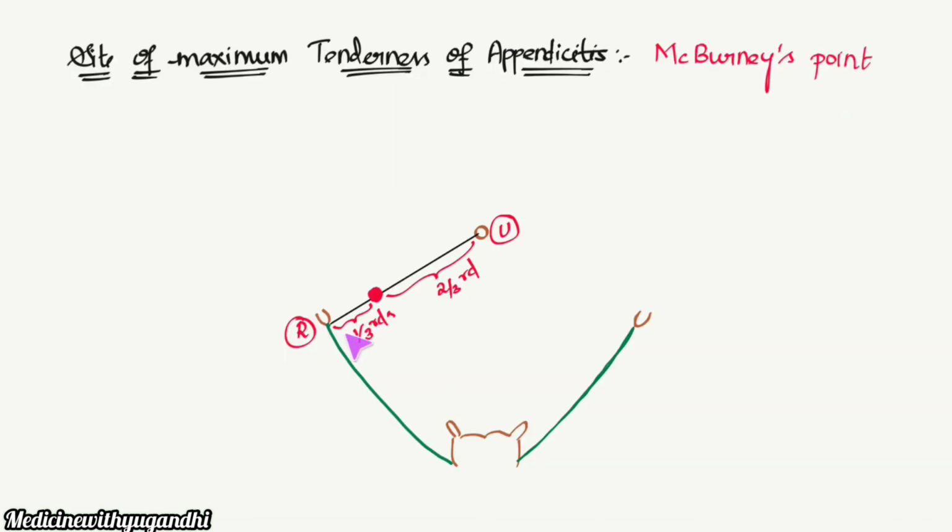So the referred pain of the appendix is felt at the umbilicus, as is the pain in the small intestine and testis.